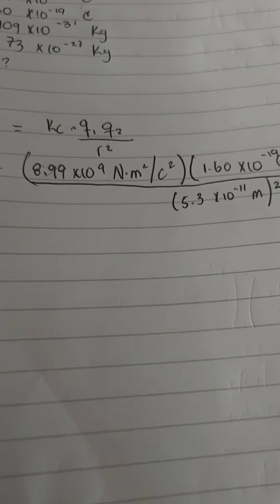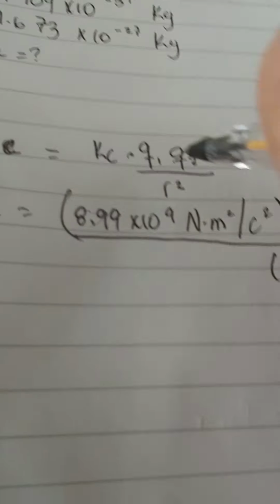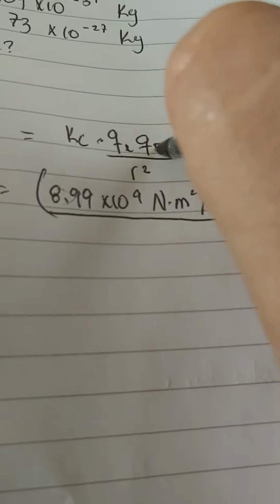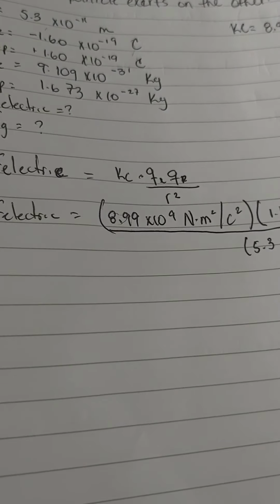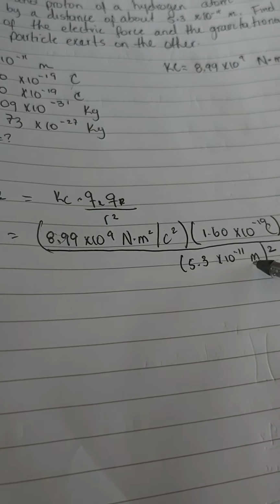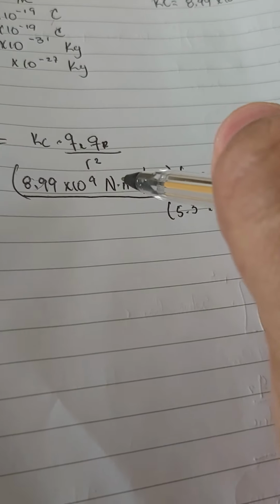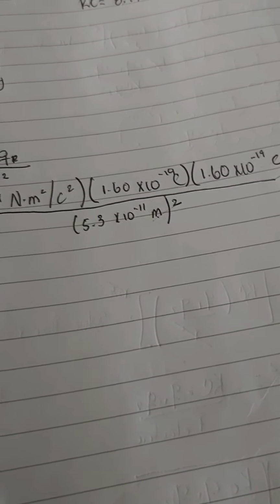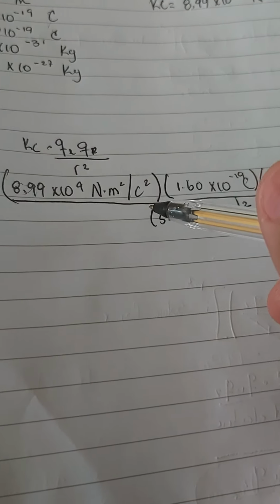Okay, so here, instead of writing q1 and q2, we can put qE for the electron and qP for the proton. Okay, now we take out our calculator, and here notice meter squared is going to be canceled. Coulomb times Coulomb, that will be Coulomb squared, we can cancel.